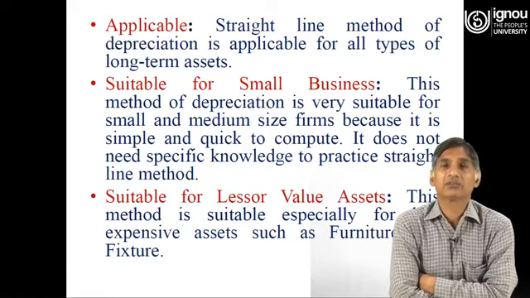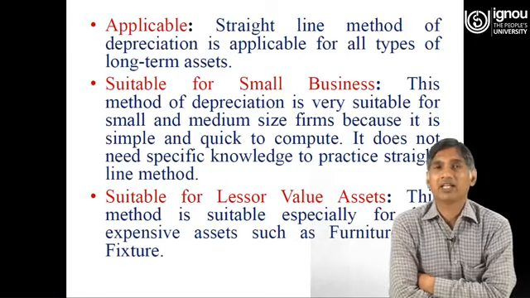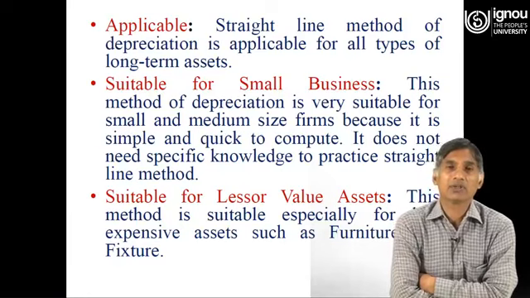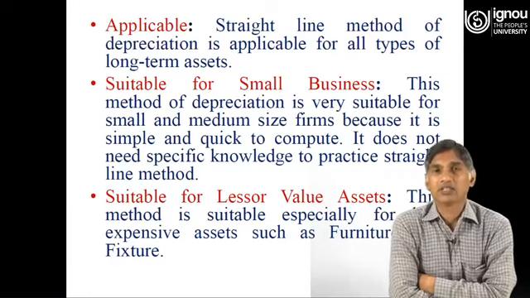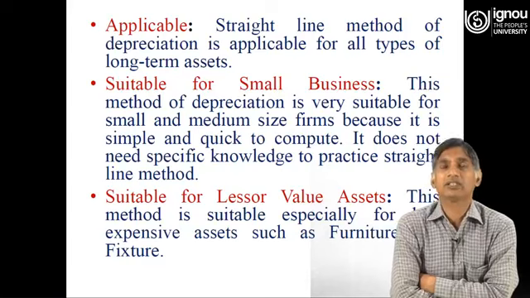It does not need specific knowledge to practice the straight line method. Even a person who has average common sense can easily calculate the amount of depreciation. So no technical expertise is required as far as the amount of depreciation is concerned.